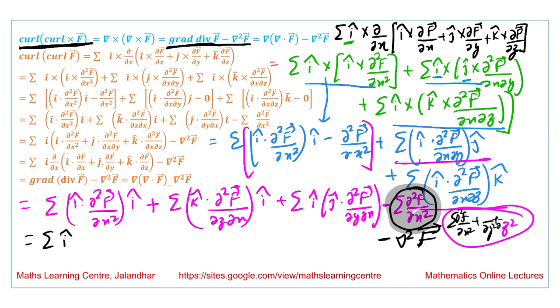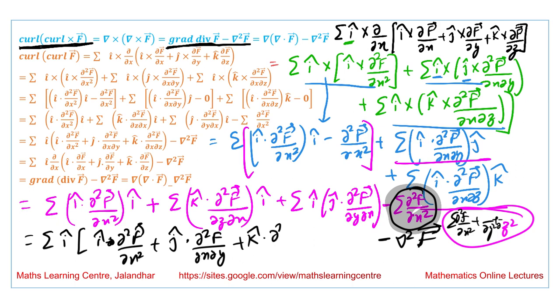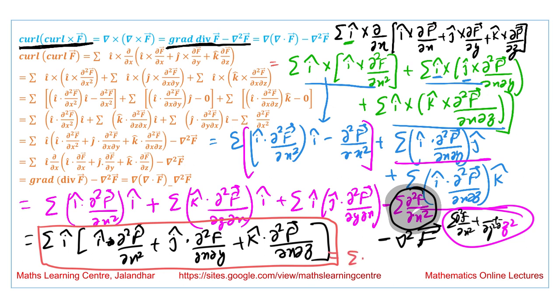So, we write sigma i cap into i cap dot ∂²f vector/∂x² plus j cap dot ∂²f vector/∂x∂y plus k cap dot ∂²f vector/∂x∂z, and this is equal to sigma i cap ∂/∂x; taking that common, we are left with i cap dot ∂f vector/∂x plus j cap dot ∂f vector/∂y plus k cap dot ∂f vector/∂z.